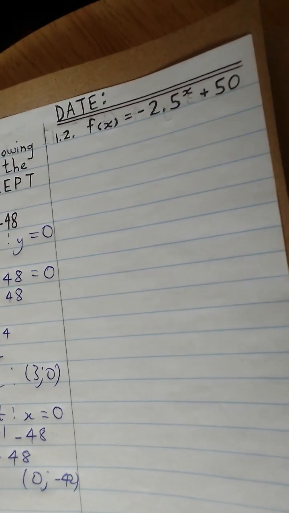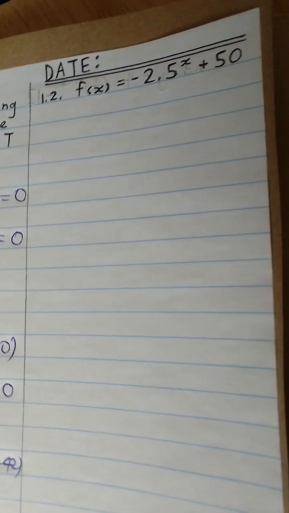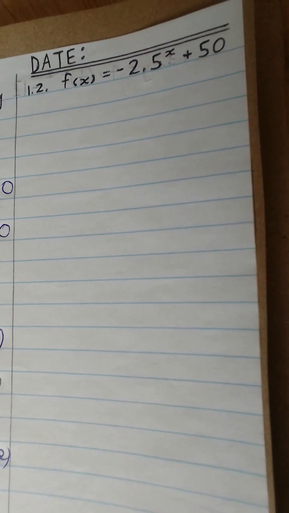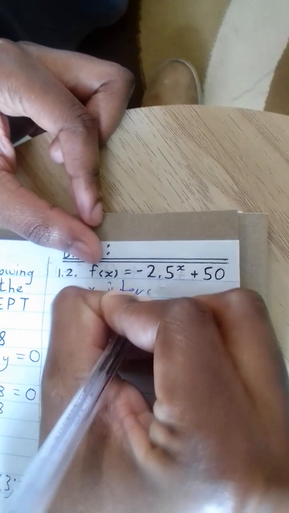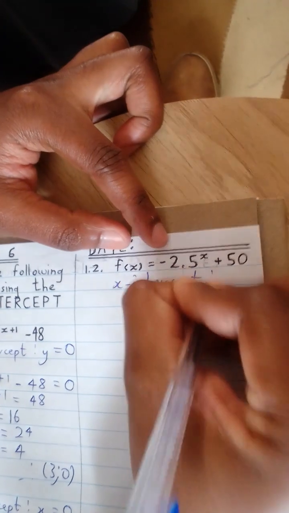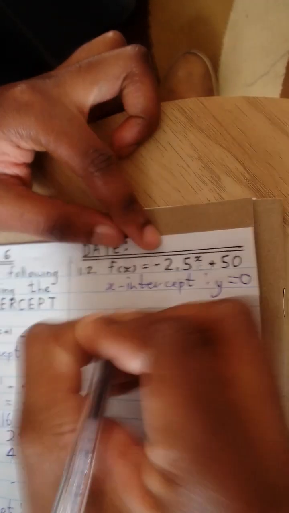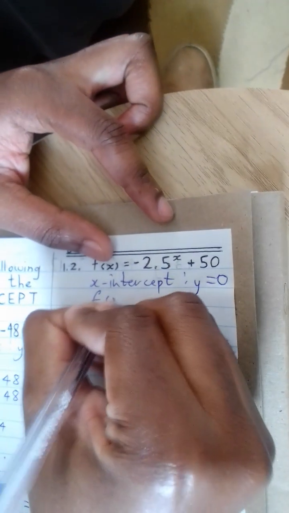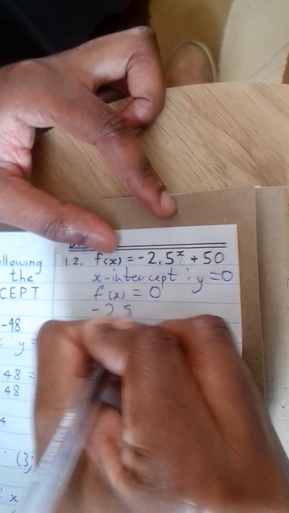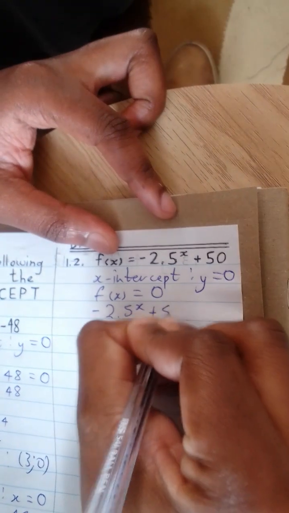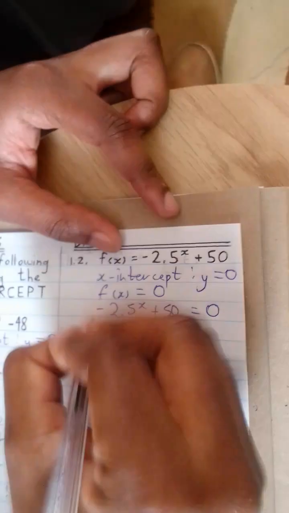1.2, we have f of x is equal to negative 2 times 5 to the power of x, plus 50. So as usual, x-intercept, y is 0. So you have f of x is 0. Negative 2 times 5 to the power of x plus 50 is 0.